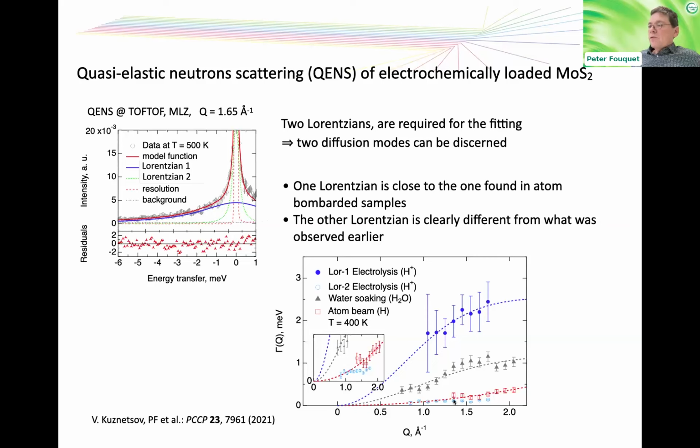One of the processes is quite close to the speed with which we saw the diffusion in the atomic beam bombarded sample. We believe that we really see H2 motion, and we see hydrogen atom or hydrogen ion motion as well at the same time.